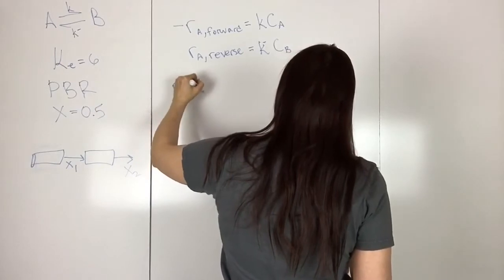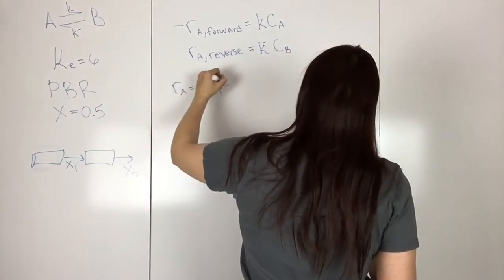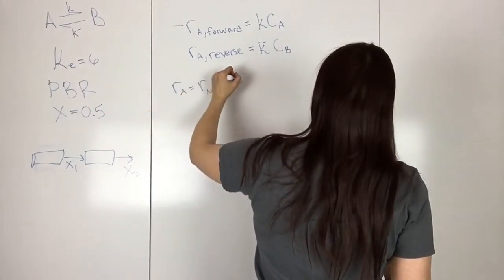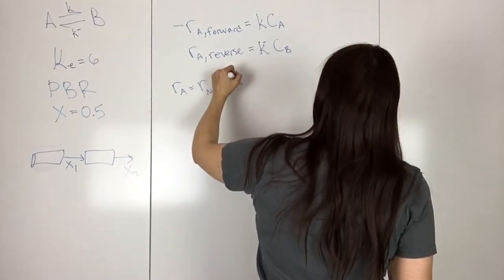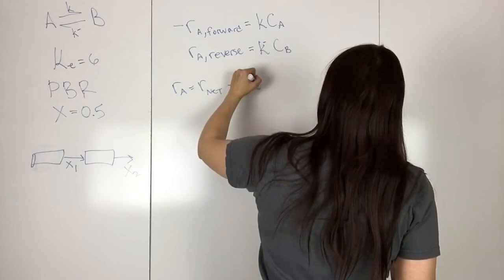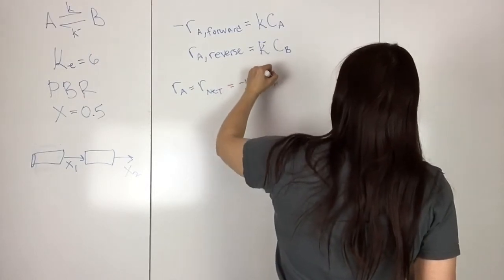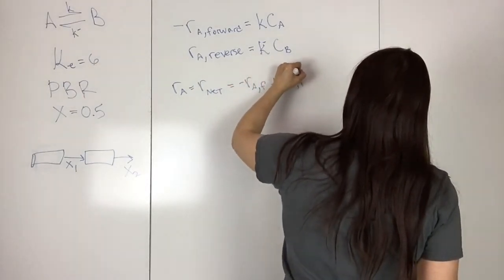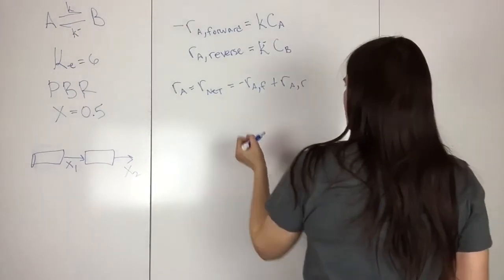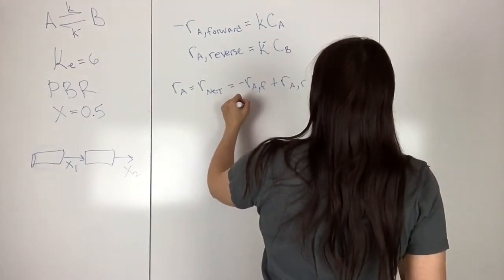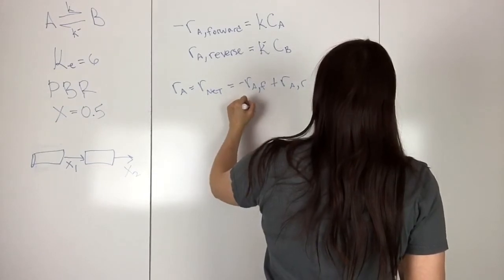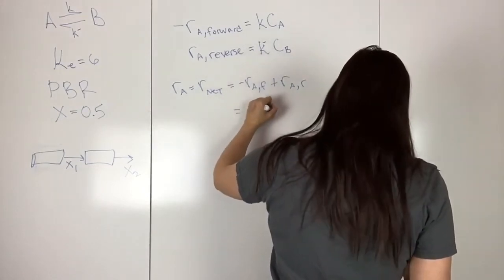And then if you remember, we just combine these, so the total rate, the net rate, is minus RA forward plus RA reverse, and so that is equal to minus k CA.